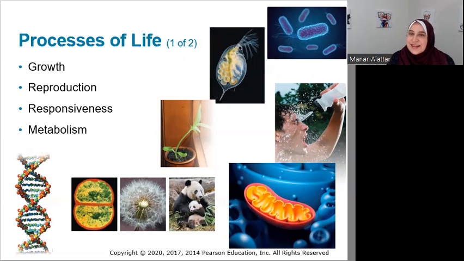Okay, welcome back. So once we've identified that a system is indeed living, what we'll see is that there's so much diversity, right? Just these images that you see here, there's so much diversity in what a living system actually is.